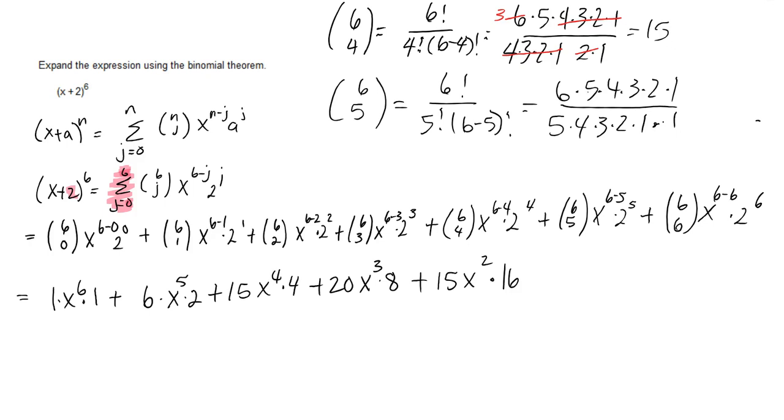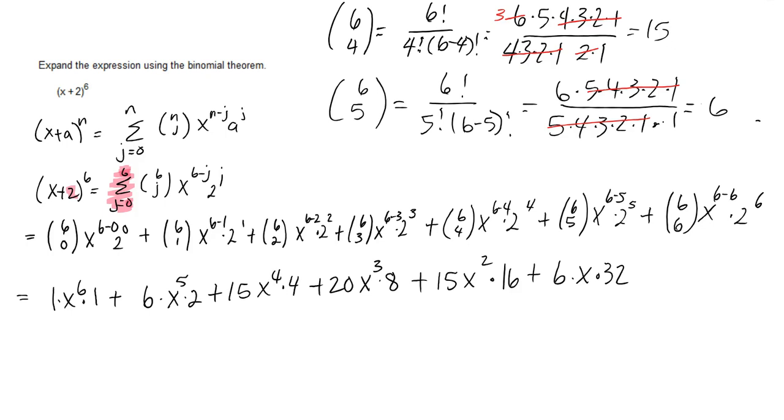So 5, 4, 3, 2, 1 cancels, leaving me with 6. And we have 6 times x times 32. 2 to the 5th is 32.